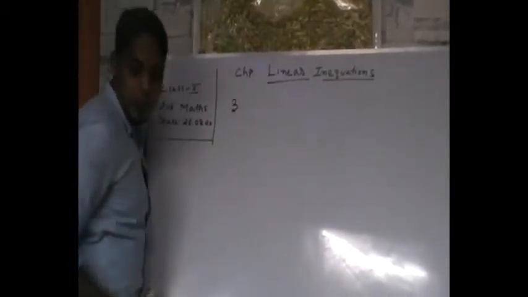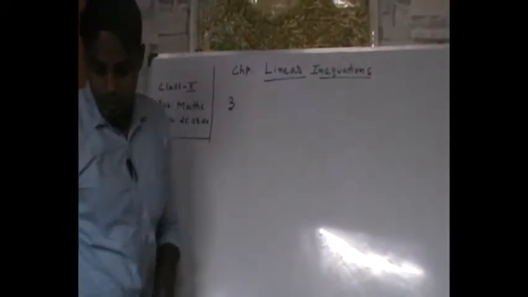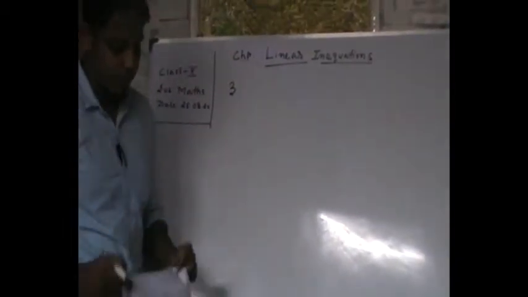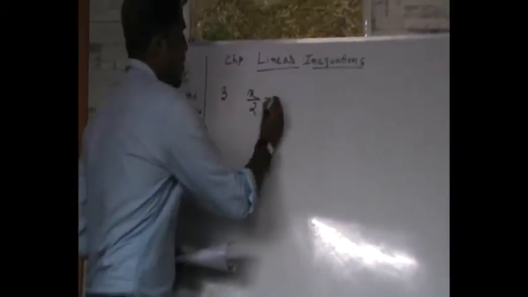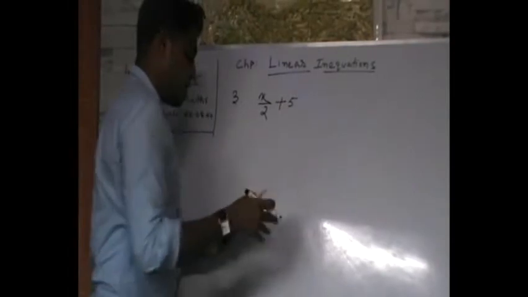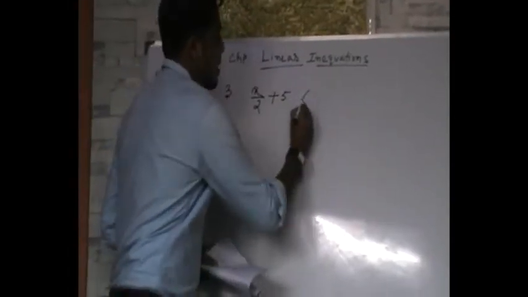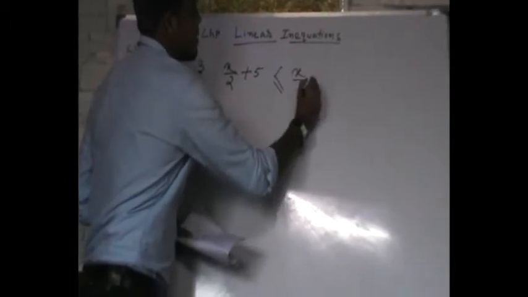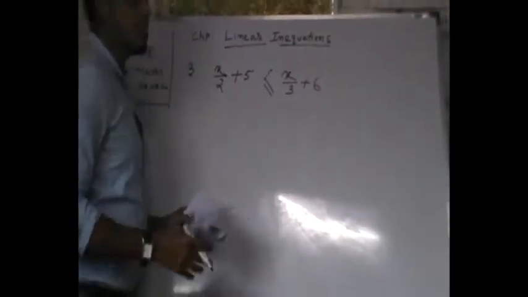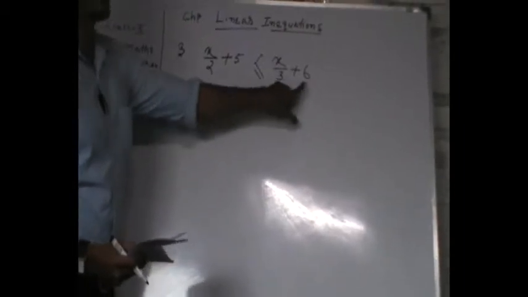Now third example. So the question is given here: x by 2 plus 5 less than equal to x by 3 plus 6.